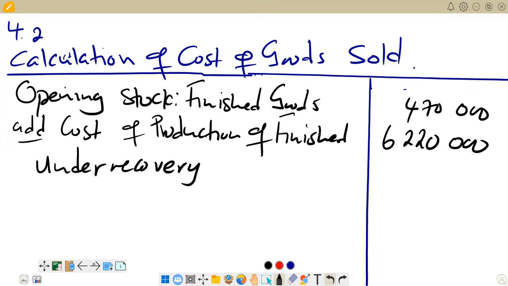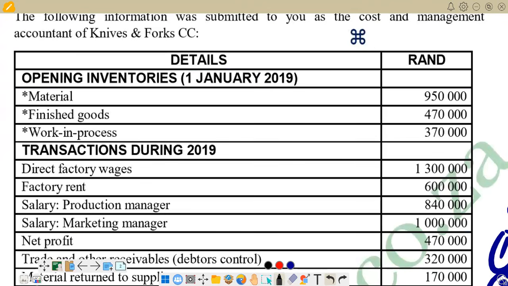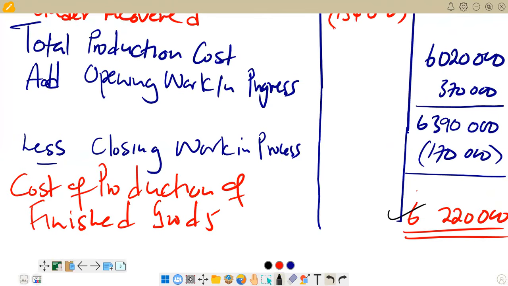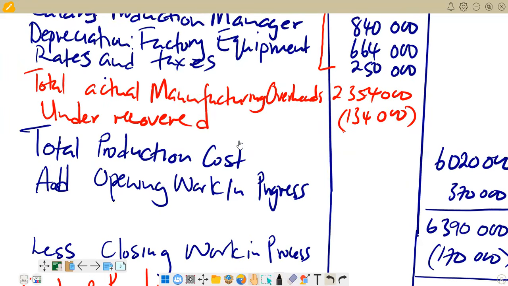So if you go back to the manufacturing account that we prepared, we can verify there. You see that this figure was representing the total actual manufacturing overheads. This is the figure that was representing the total manufacturing overheads. And then here we had the under recovery.